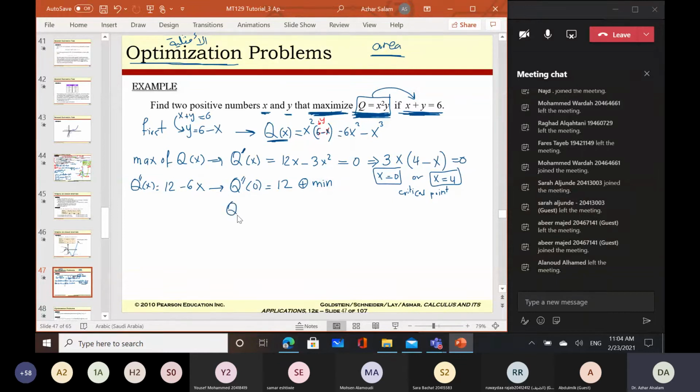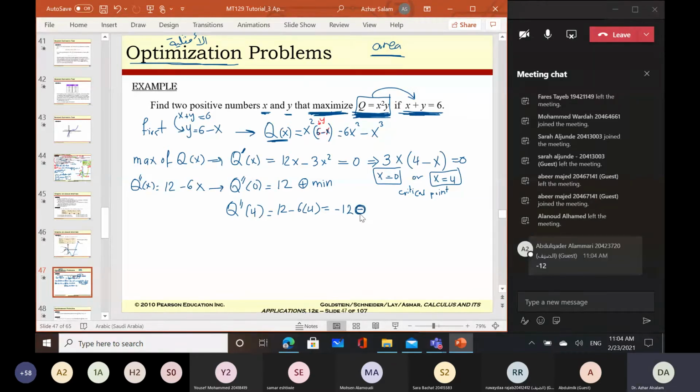So I test the second point with the second derivative test, which is x equals 4. It will be 12 minus 6 multiplied by 4. 12 minus 24 will be minus 12. It's negative, yes, minus 12. So the second derivative at the critical point is negative, so it's a maximum. This is a maximum point.